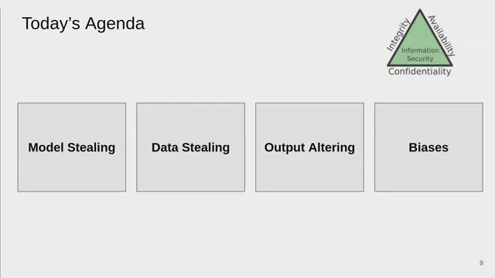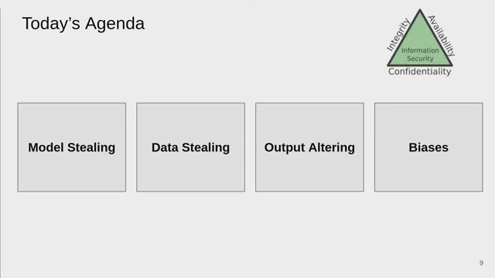Then altering the output, modifying the output of the model to change the result for some purpose. And we try to be aware of certain biases, like understanding what kind of biases we have when we're looking at massive amounts of data sets, and some biases that we have to carefully avoid when designing a machine learning solution. Cool?